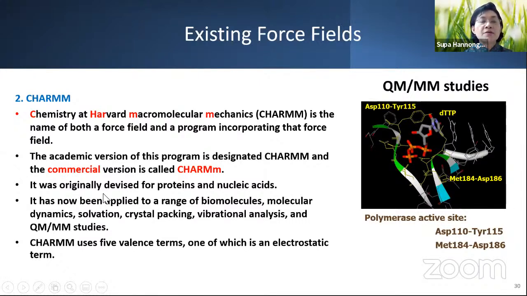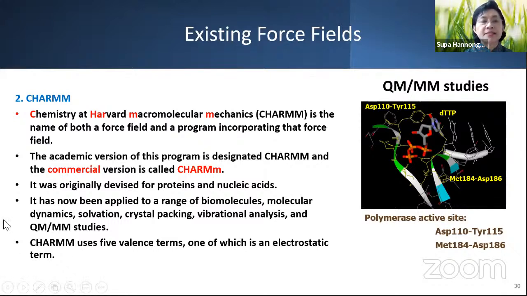It was originally devised for proteins and nucleic acids, and the very challenging aspect of CHARMM is that it can be applied to a wide range of biomolecules: molecular dynamics simulation, solvation, crystal packing, vibrational analysis, and also QM/MM studies.